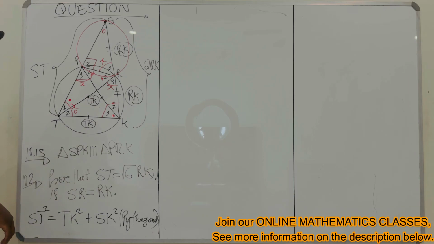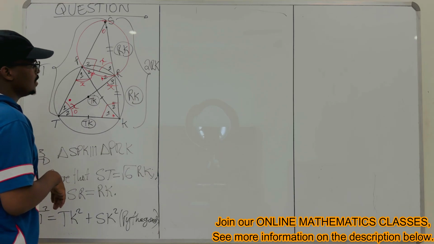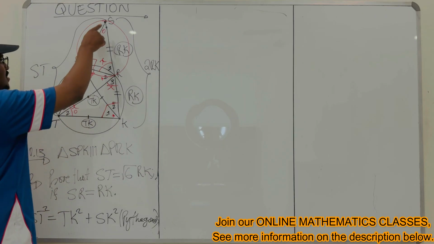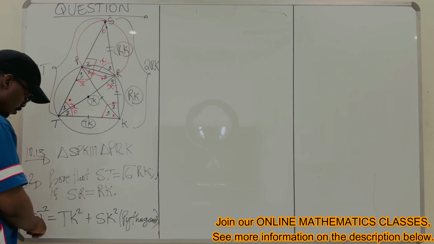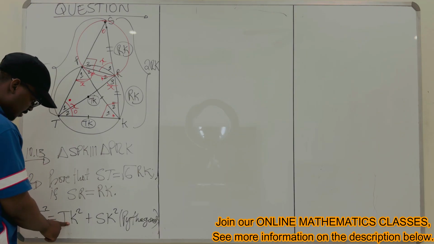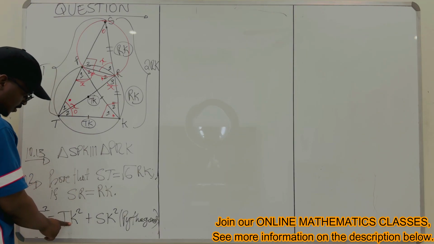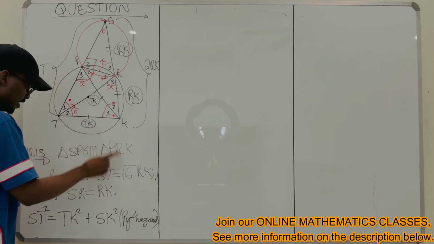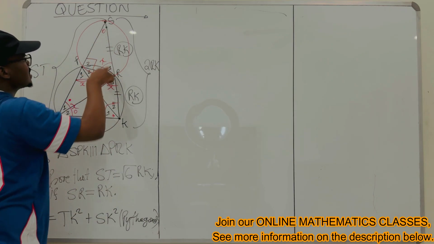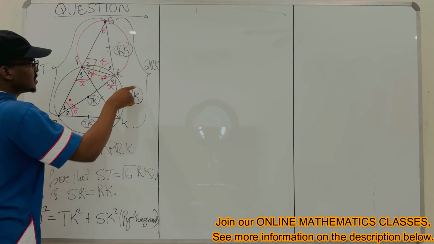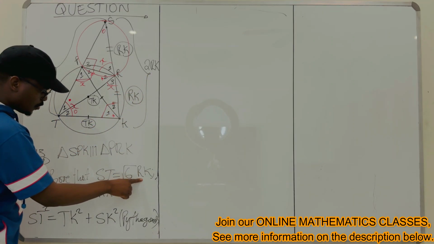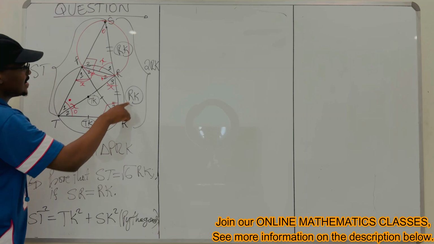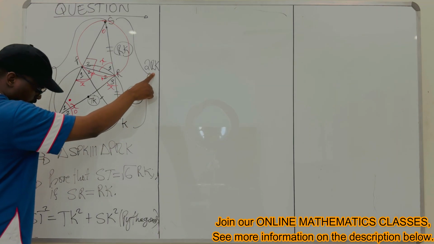So if you look at this length of yours, your ST is this one, your TK is this one over here, same as that one, and your SK is that, which is, well, you can write SK in terms of RK because it's two RKs, right?